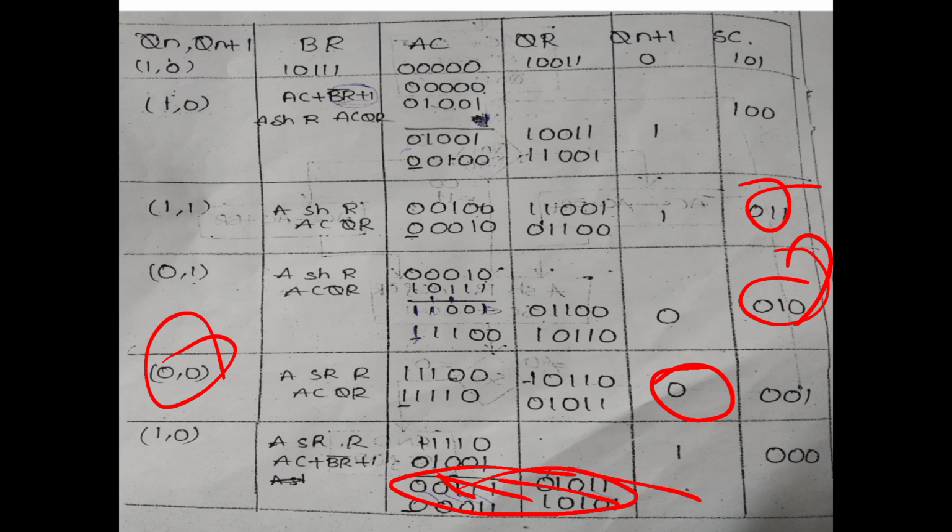BR is the multiplicand, and AC is used to store the result. QR is the multiplier, Qn+1 is the previous least significant bit of the multiplier, and the sequence counter is 1 0 1. That's enough, right? Follow the flow chart until you find the result. Okay, thank you all of you.